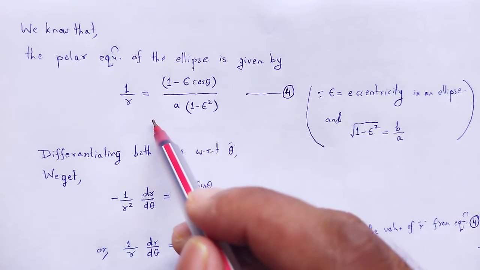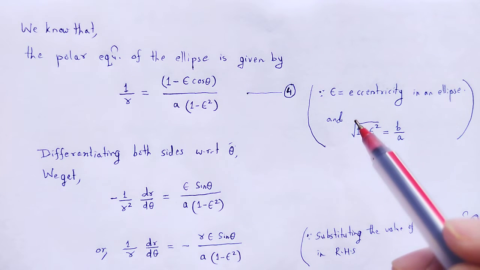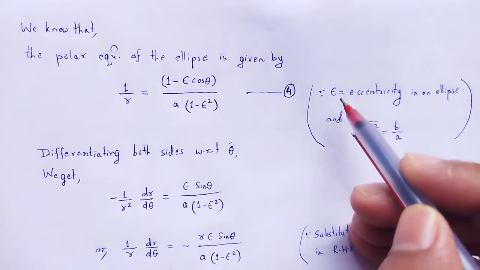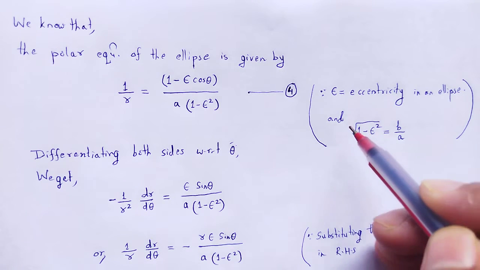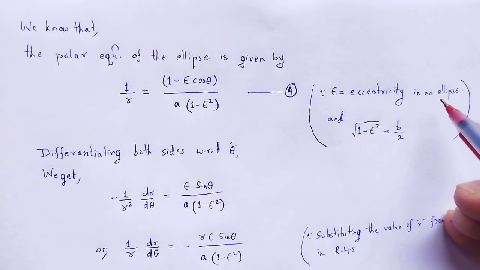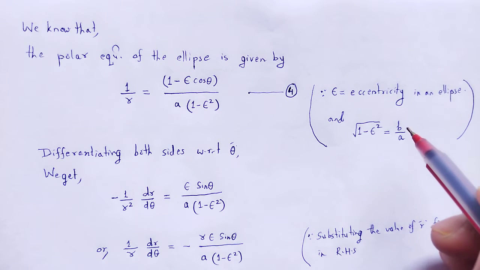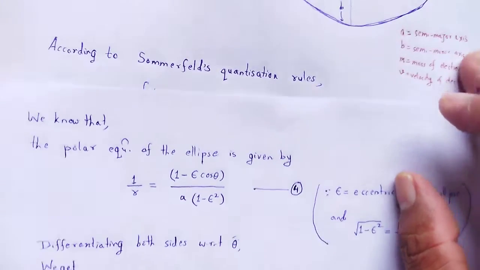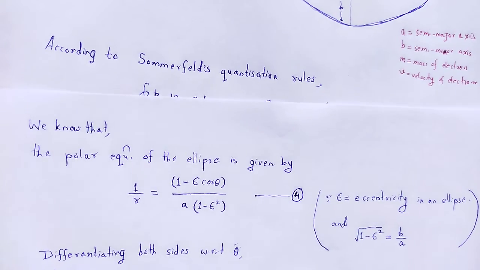This is the equation of an ellipse in polar form, which we know from 3D geometry. Epsilon is the eccentricity of the ellipse, and its relation to the semi-major and semi-minor axes is square root of (1 minus epsilon square) equal to b by a, where b is the semi-minor axis and a is the semi-major axis.